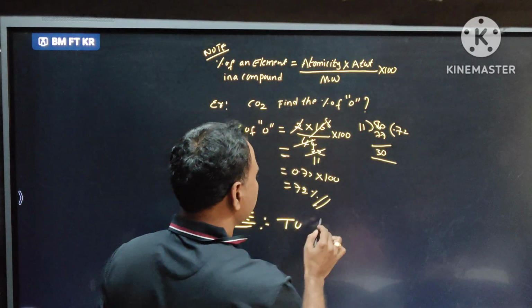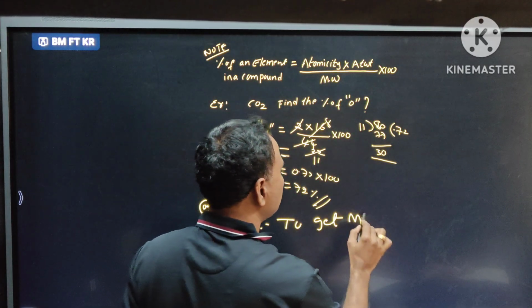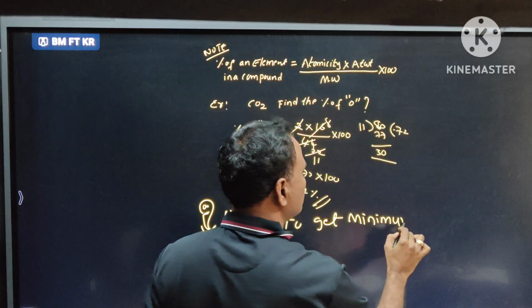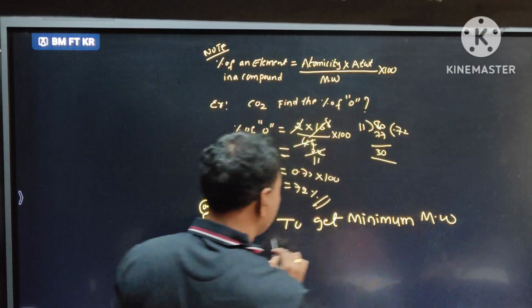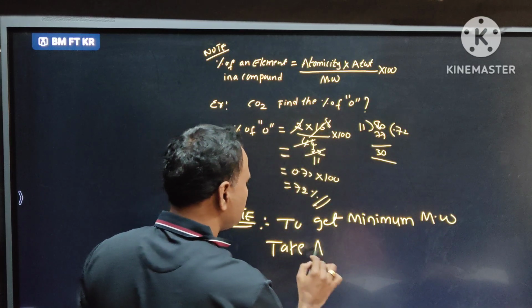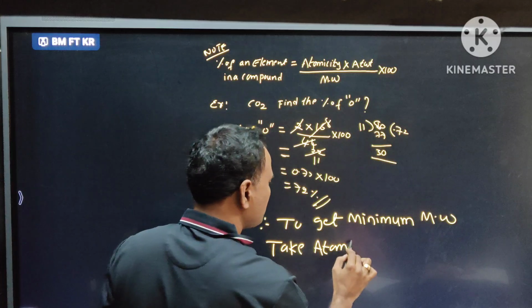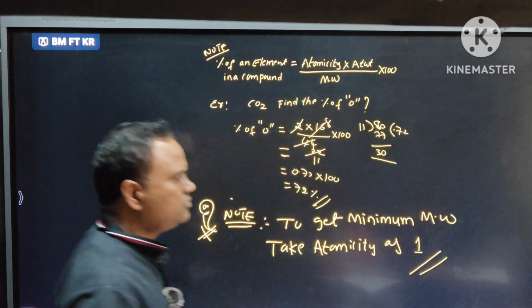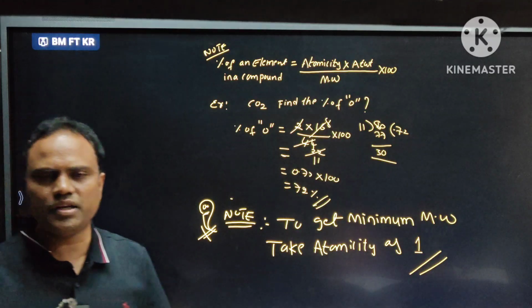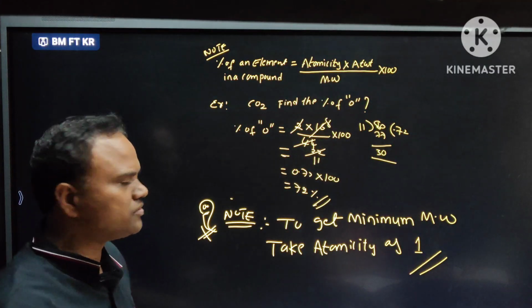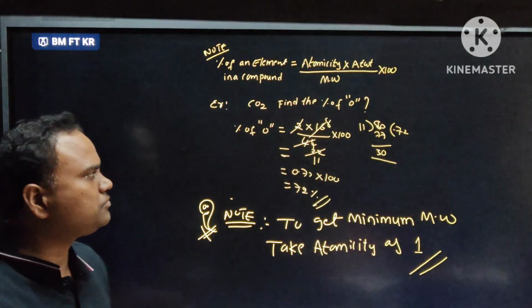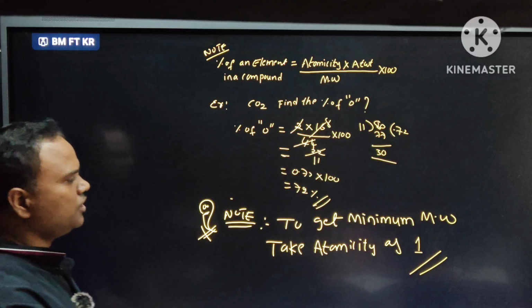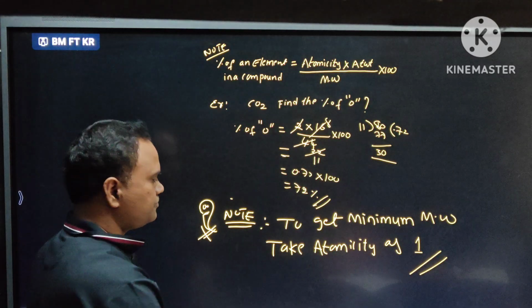To get the minimum molecular weight, you should consider atomicity as 1 in the above formula.